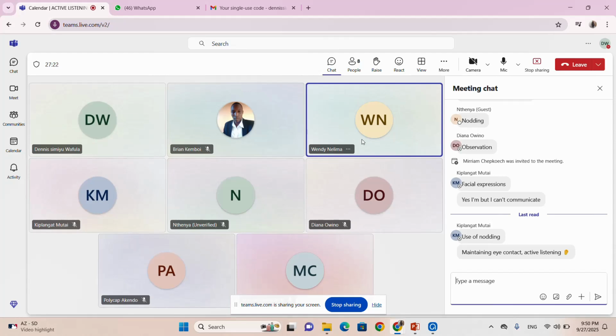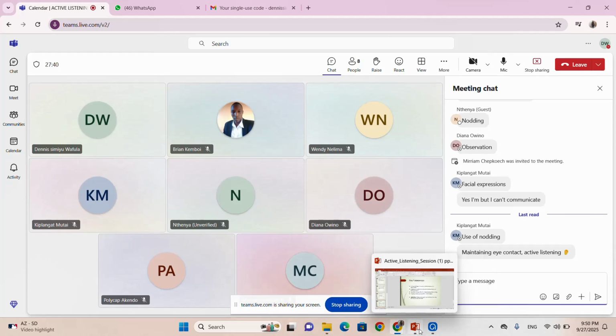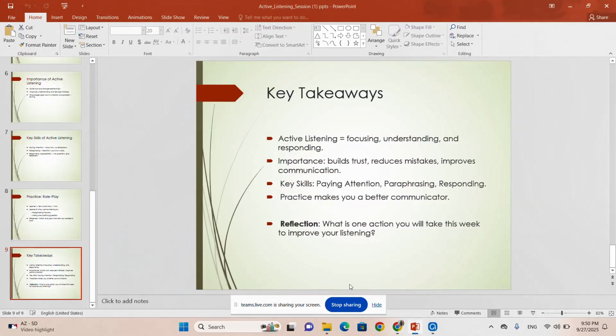We've learned about active listening and also the importance of active listening. Good, that is very important. So let us wrap up this session by knowing that we have defined what active listening is: focusing, you understand, and respond.